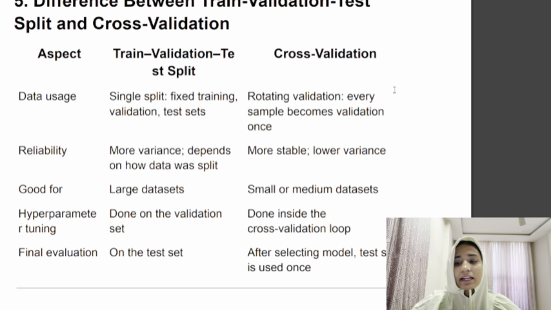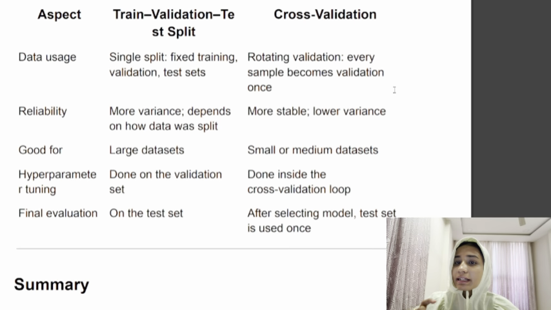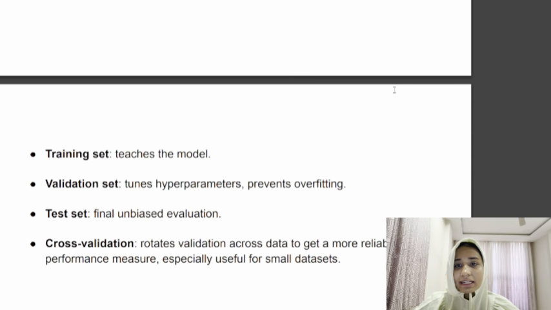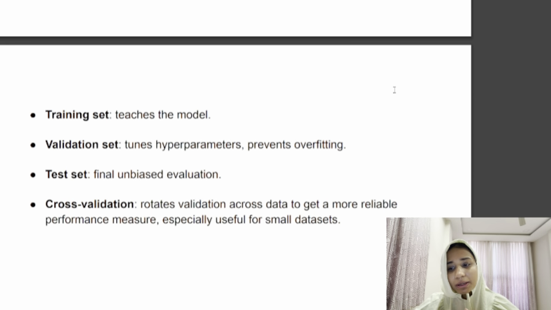Now the summary. The training set teaches the model. The validation set tunes hyperparameters and prevents overfitting. The test set gives the final unbiased evaluation of how the model performs on real world data.